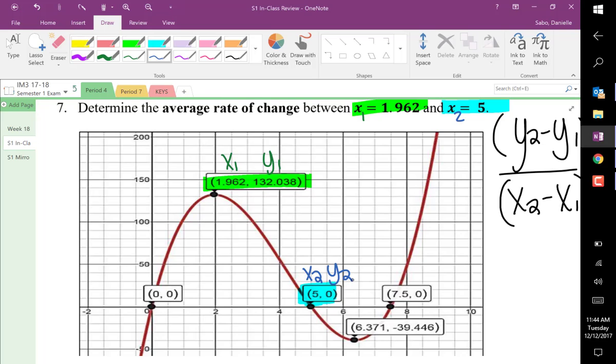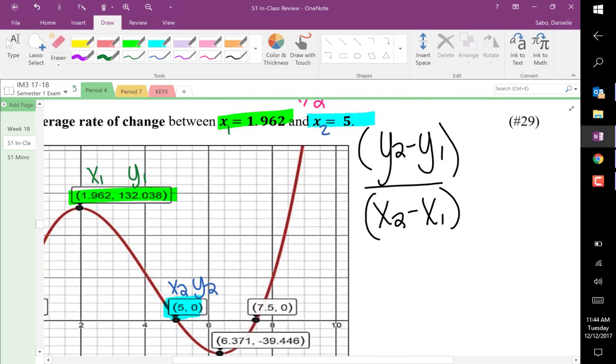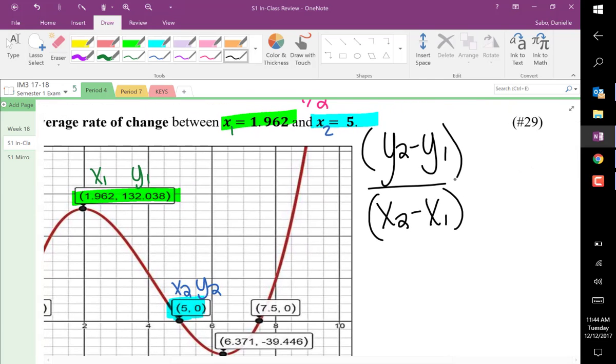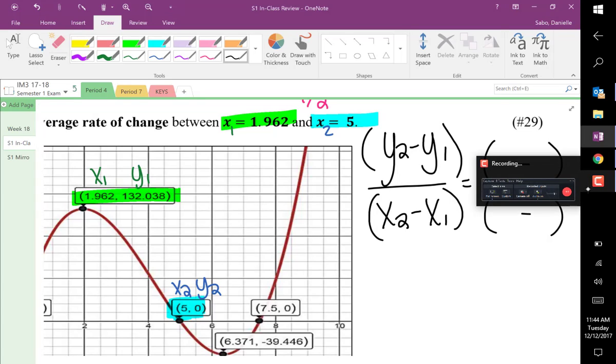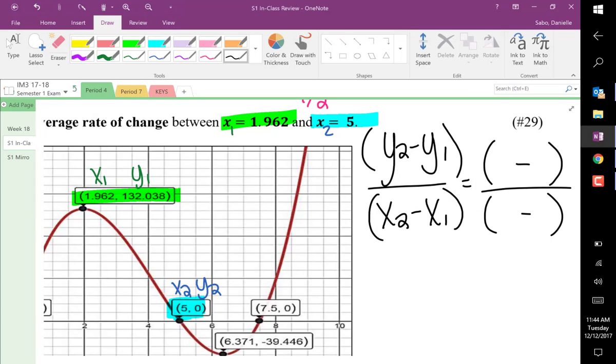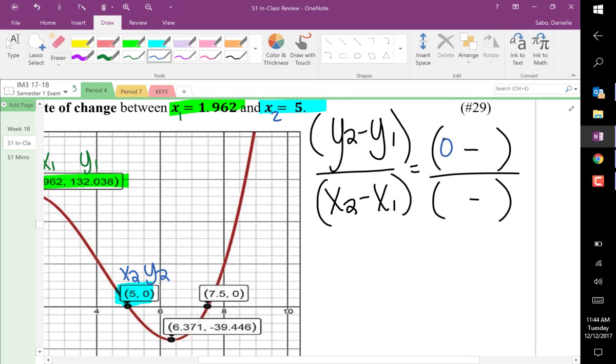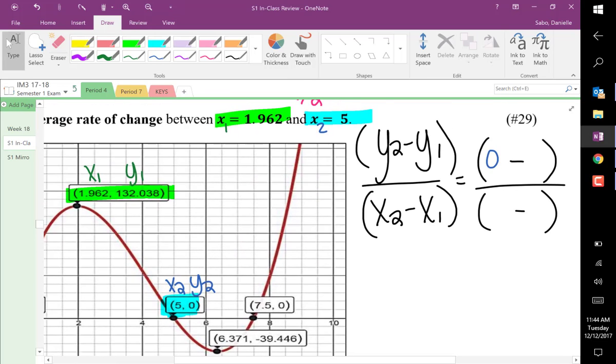So now we can plug in our whole entire formula. Now it's easy. Let's just plug it in as I see it. I'm going to keep everything in black that should stay the same, and I plug in what I know. Y2, you guys told me was 0. Y1, you told me was 132.038.